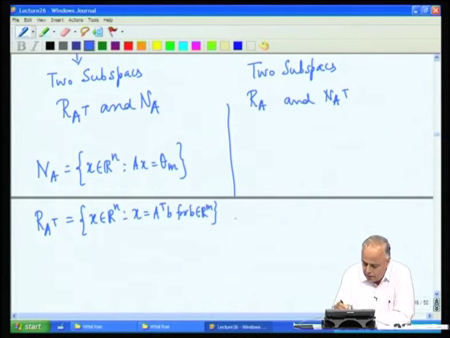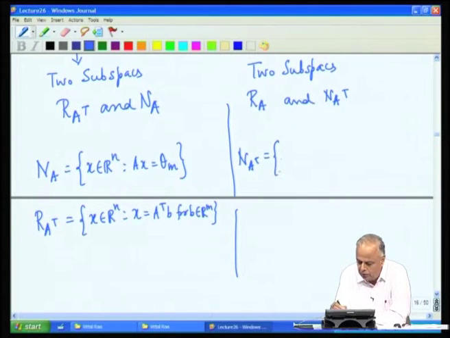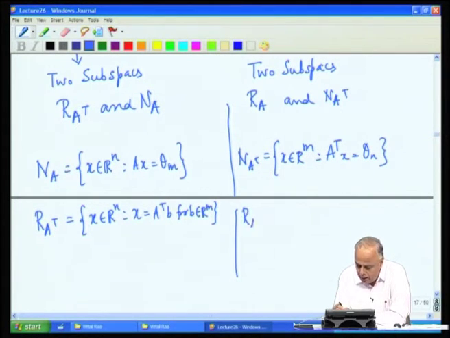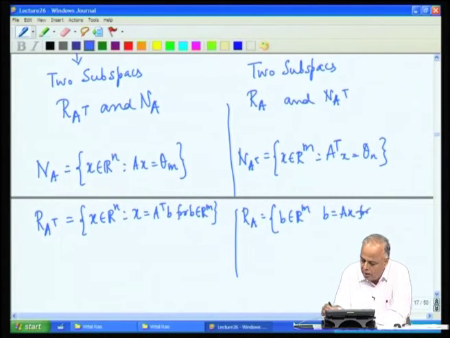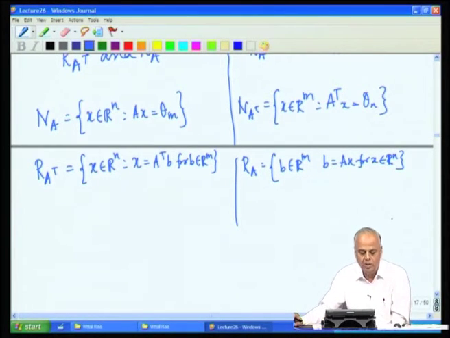On the other hand, on the Rm side we have N(A transpose), which is the set of all vectors in Rm such that A transpose x is equal to theta n, and R(A) is the set of all vectors b in Rm such that b is equal to Ax for x in Rn. b is now the image of A. So, R(A transpose) is the image of the function A transpose as a function from Rm to Rn. R(A) is the image of the function A as a function from Rn to Rm.